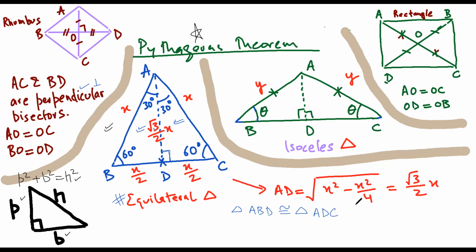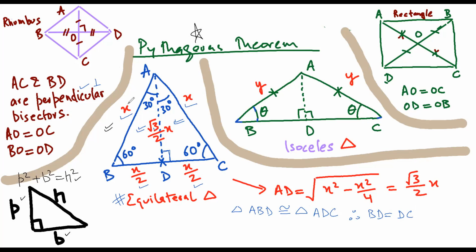So this side BD would be equal to DC. So this side would be x by 2 and this would be x by 2, if I consider each side of the equilateral triangle to be equal to x. Any doubt? No, sir.